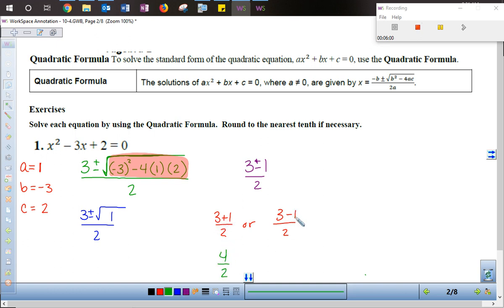And over here I'll have 3 minus 1, which gives me 2. And now I can simplify. 4 over 2 gives me 2, and 2 over 2 gives me 1. So the two solutions to this equation are 2 and 1. Now since these are nice numbers, that really means we could have actually factored this. We could have done this by easy factoring and we would have gotten nice numbers in return. But the quadratic formula also works.